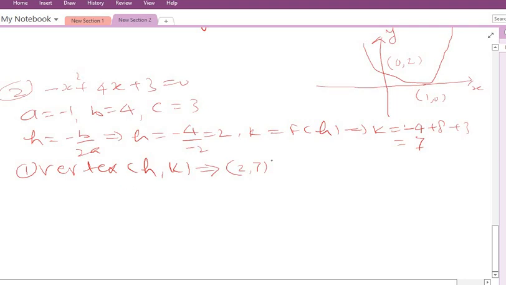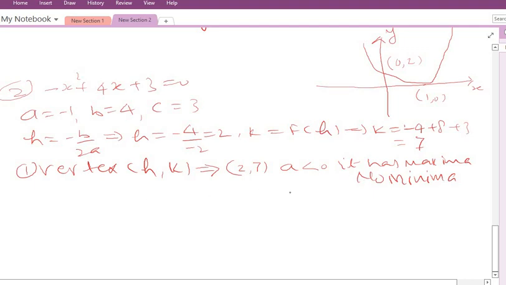Second answer: because a is negative, it gives us a maxima and no minima.